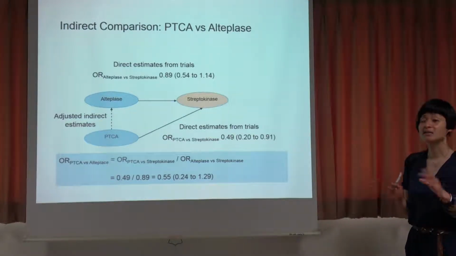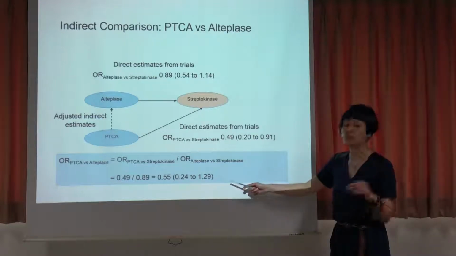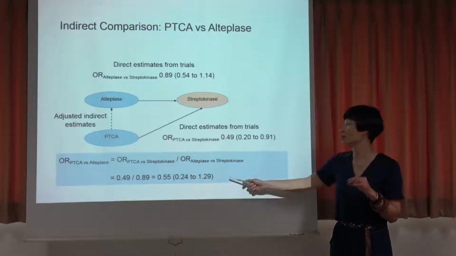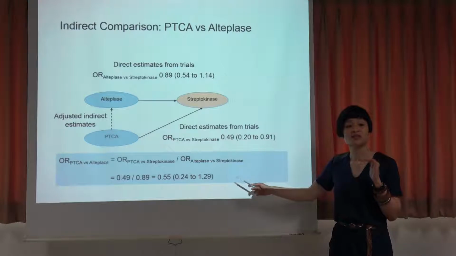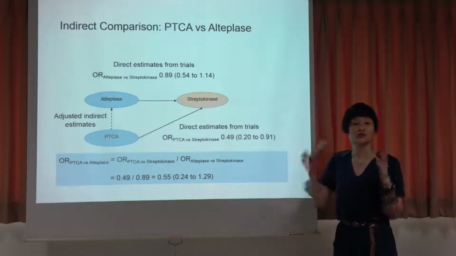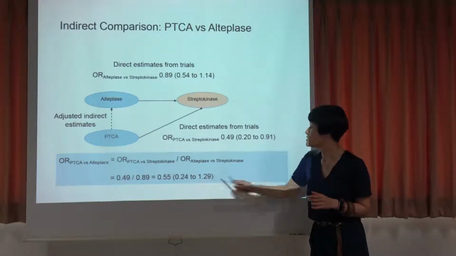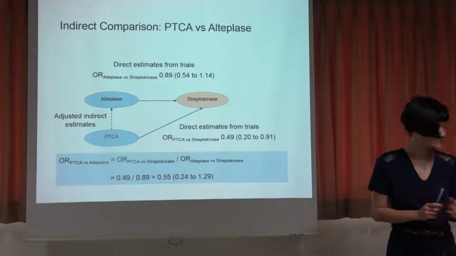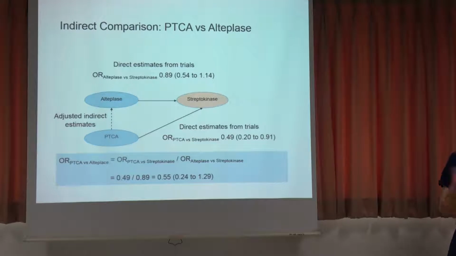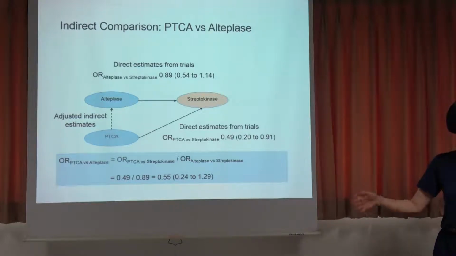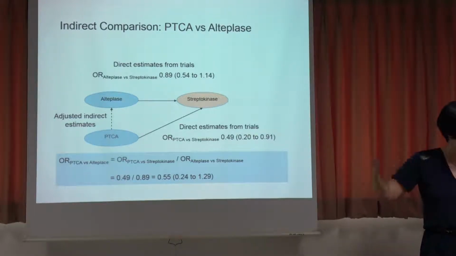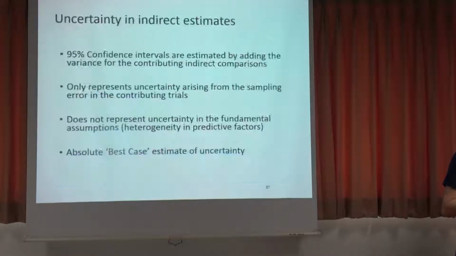And again, based on what we talked about last week, we're working on the log scale, so it assumes a normal distribution using the formula for calculating the 95% confidence interval, and this is what we get. So this is why we emphasize that this is an extension to pairwise meta-analysis. It's a further step from what you did last week.